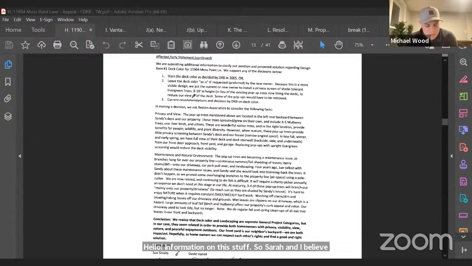Do you remember when you made this decision? It wasn't too long ago, so I'm hoping you do. About the screening, did you want to make sure that there were shade tolerant evergreens, or were you leaving it open? Was there any requirement for staff to verify, or what was your thought process in that approval?